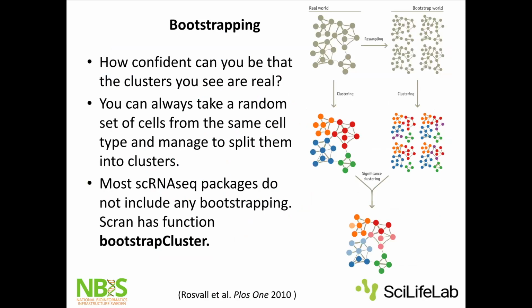Something I just want to mention, that's rarely used in the single cell field, but it's almost compulsory in classical clustering, is to do bootstrapping of your clusters. So basically, that would give you a score on how confident you are in each cluster.